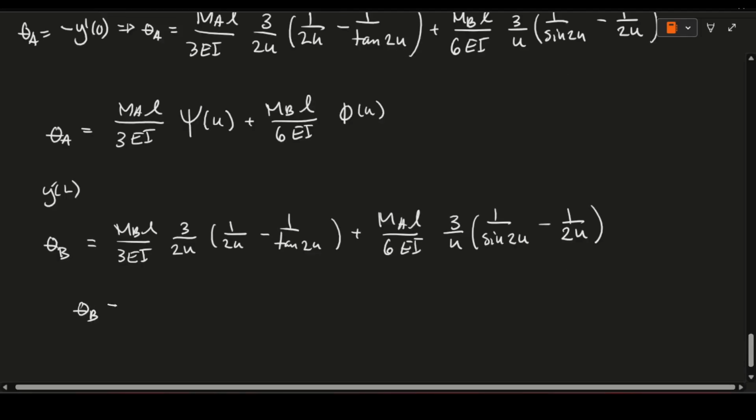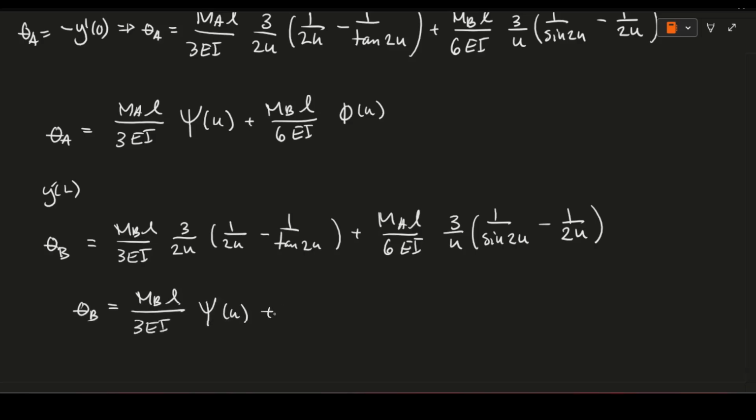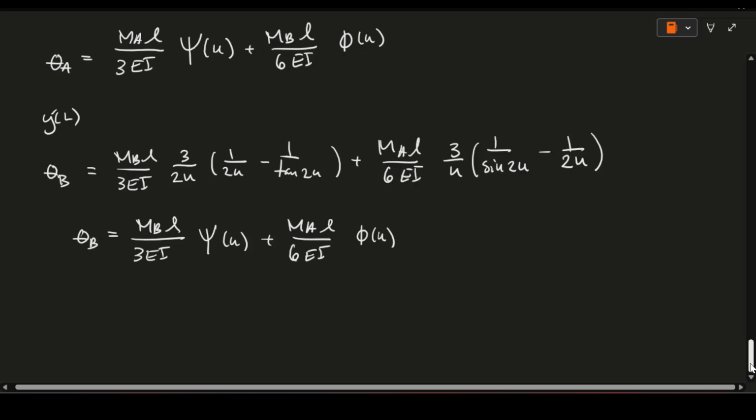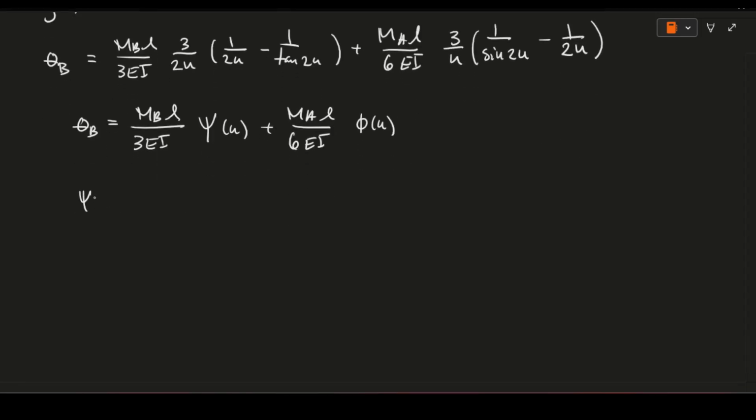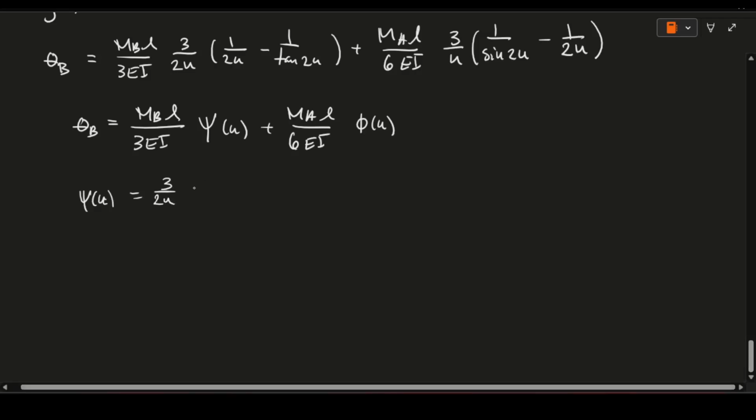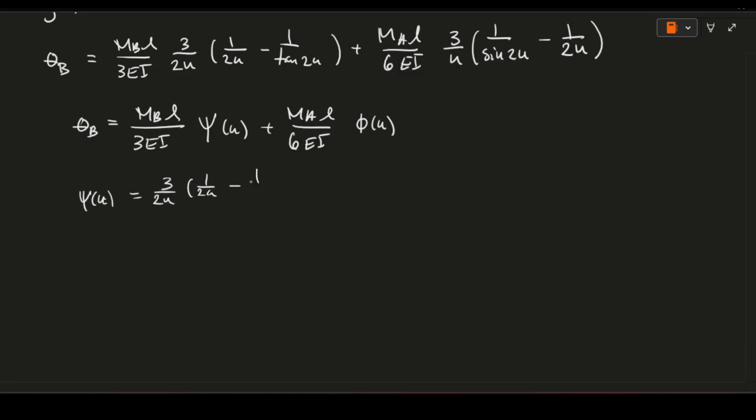So theta B becomes MBL over 3EI times this psi of U plus MAL over 6EI times this phi of U. So this psi of U is 3 over 2U times 1 over 2U minus 1 over tangent 2U, and this phi of U is 3 over U times 1 over sine 2U minus 1 over 2U.